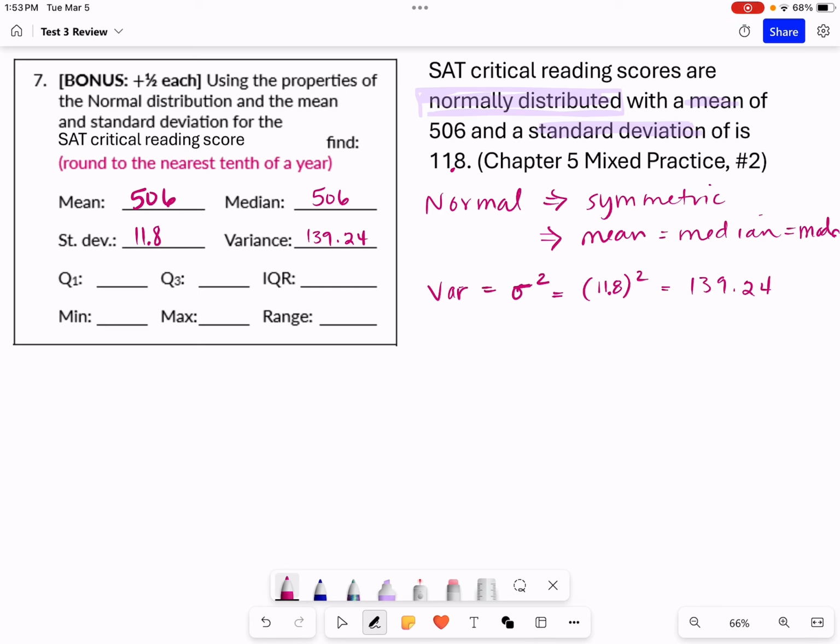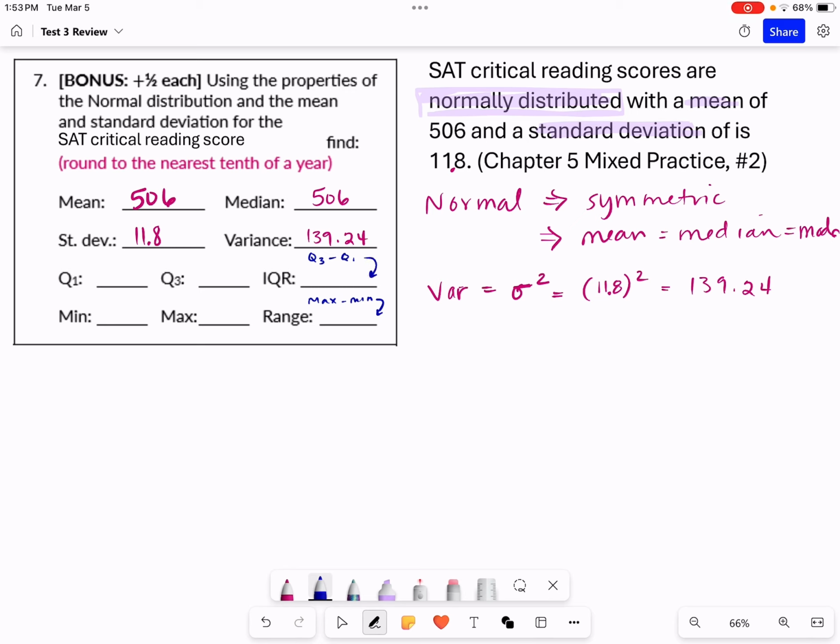Now, for my quartiles and my interquartile range, well, interquartile range is going to be, actually, let me do this in a different color. So the interquartile range is going to be Q3 minus Q1, and the range is going to be the max minus the min.